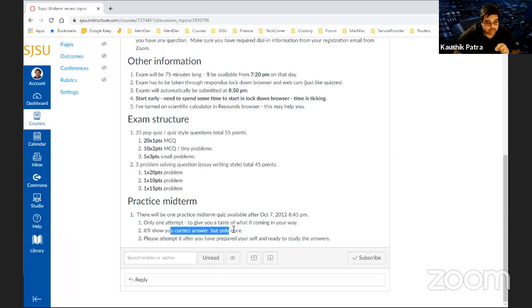It will show you the correct answer, but only once. So I recommend you attempt it after you think you are ready to take the midterm exam. After you are prepared enough, take the practice midterm exam and study the answers only once. It will show you only once. Study the answers there, and that will give you a test of what is in the midterm coming up.